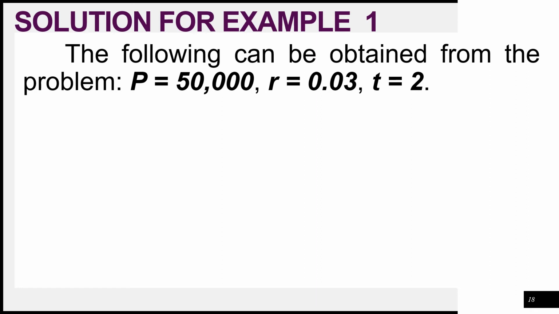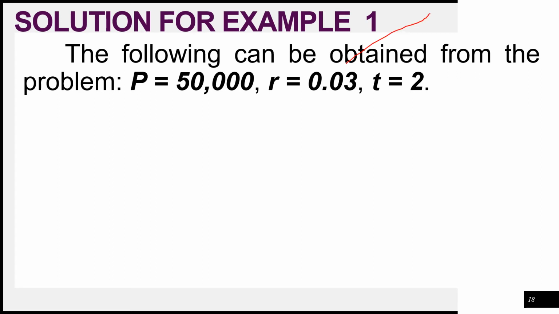We have the principal or P, which is equal to 50,000 pesos, and the R, which is 0.03. How did we obtain 0.03? If you can remember, the rate from the problem is 3%. We need to convert first the 3% into its decimal form so that we will be able to solve it easily. To do that, all you have to do is just to divide 3 by 100, and then you can get 0.03.